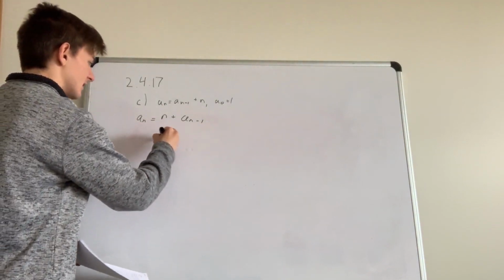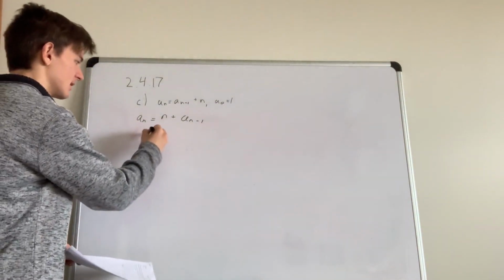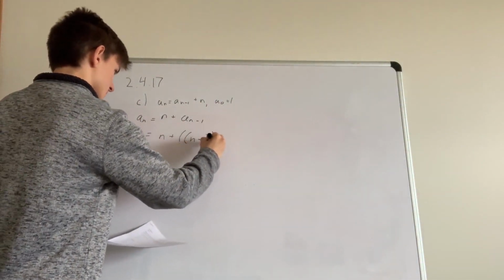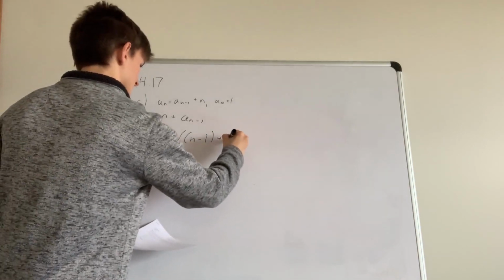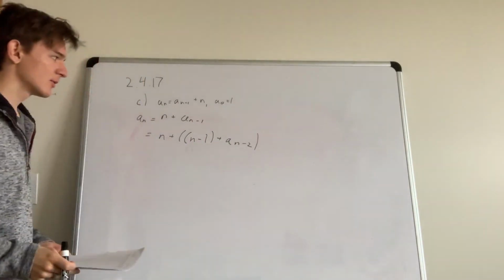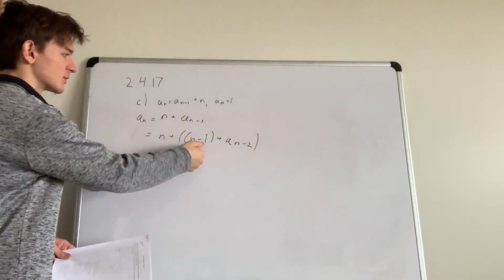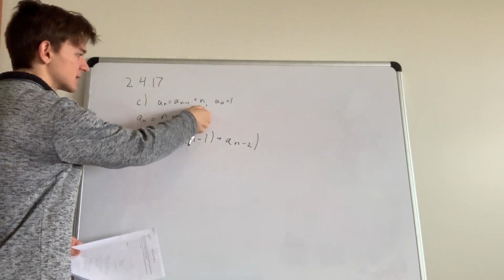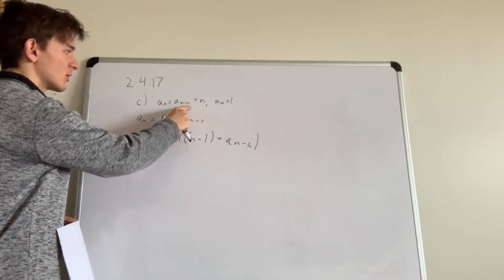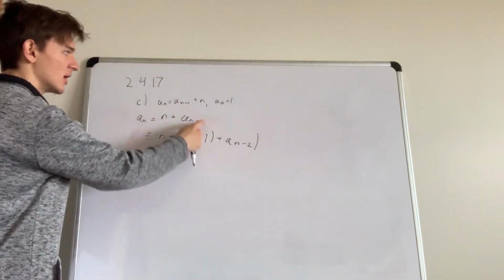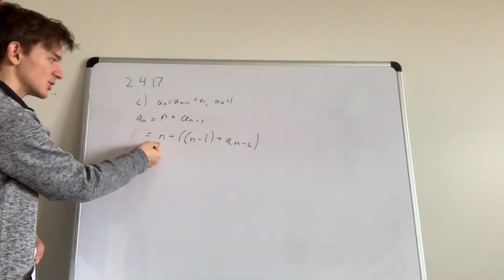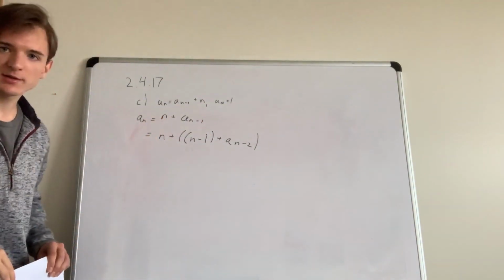Well, we get n, nothing changes with n, plus n minus 1 plus a of n minus 2. Right? Everybody can see that. We're just plugging a of n minus 1 plus n in for a of n minus 1. So we're replacing n minus 1 with n minus 2. That's over here. We're replacing n with n minus 1 right over here.